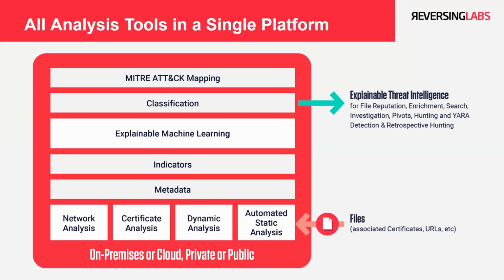It's that added transparency and visibility and understanding of how we came to a classification which is the valuable part, and then translating that in very understandable, explainable language to the practitioners. Then finally, this Titanium platform maps these indicators, which I would say often are the security analyst's language, into the MITRE ATT&CK framework, which is often going to be the security operational language.